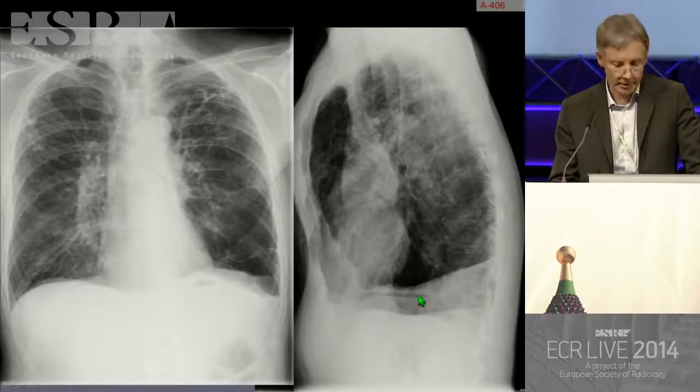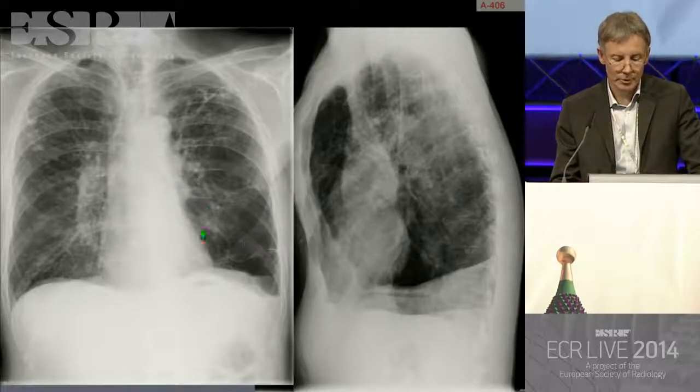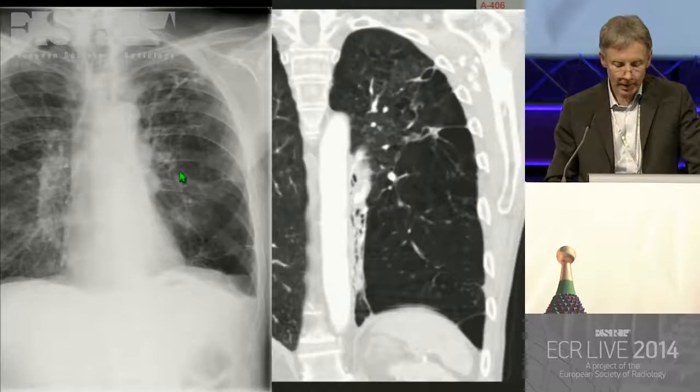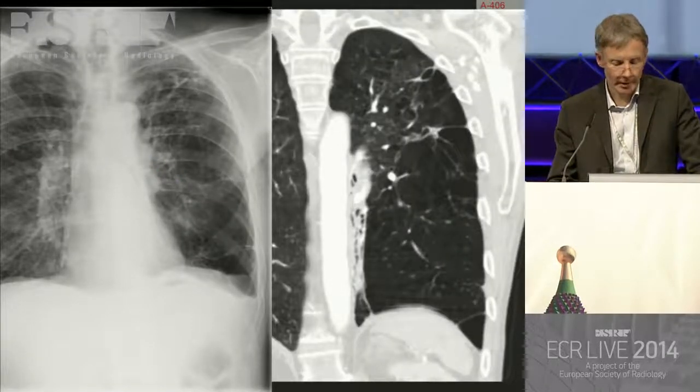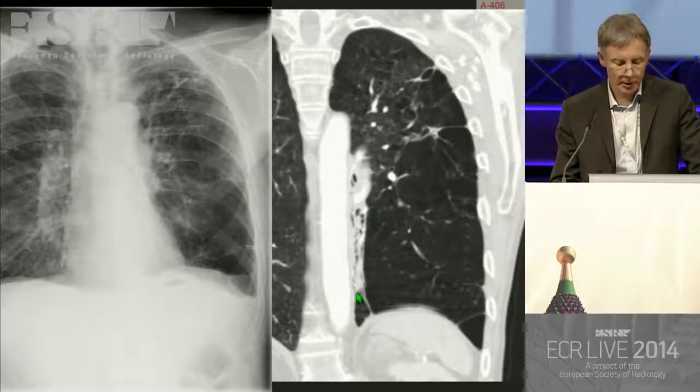But the most important sign is the asymmetry of the size of the hila. You could ask yourself, is this enlarged, or has this side disappeared? And if you integrate the hyperlucency here with the lost hilum, you should be able to conclude correctly that this is complete collapse of the left lower lobe.